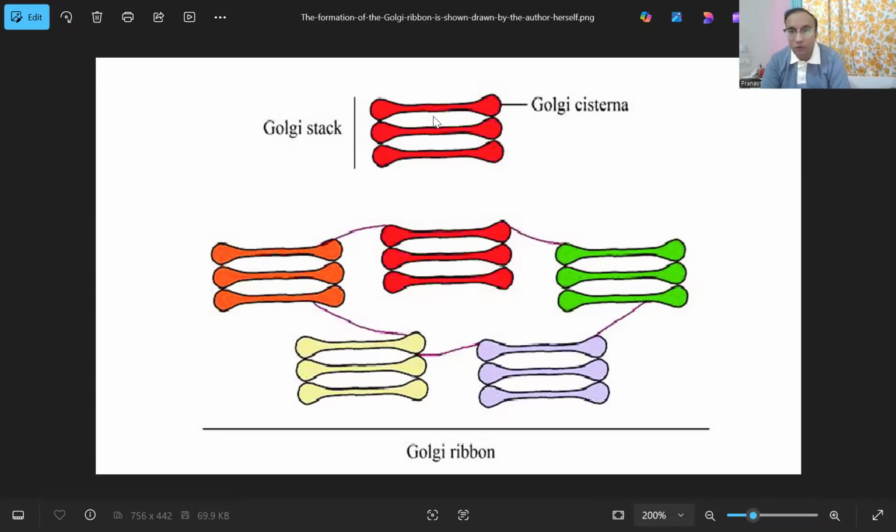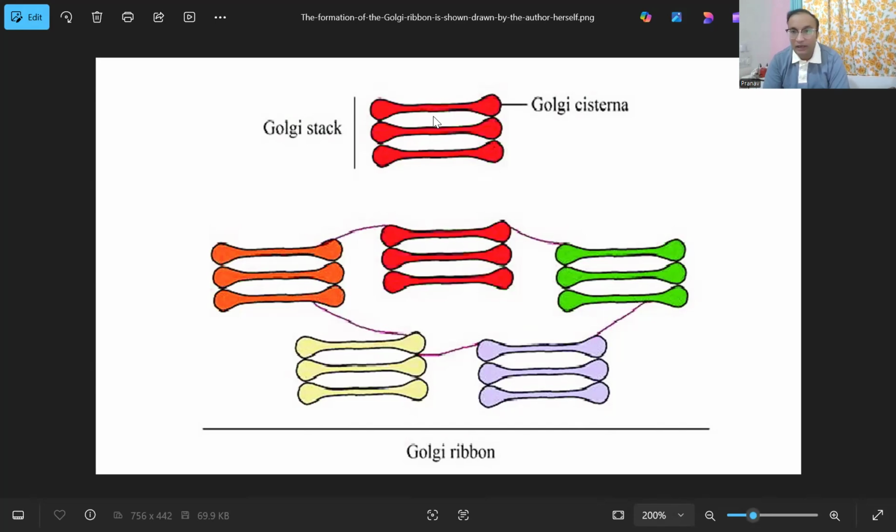Cisternae have been shown stacked upon each other. This is also called a Golgi stack, and these are Golgi cisternae. Now this Golgi complex can associate with numerous other Golgi complexes and form what is called Golgi ribbon. Here in Golgi ribbon, these connecting structures are called tubules.